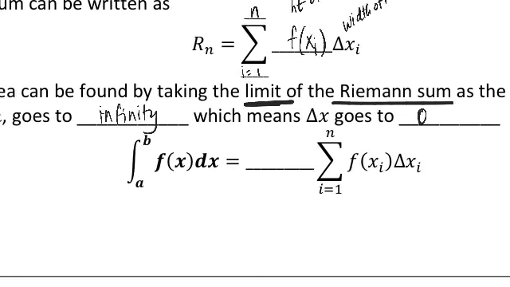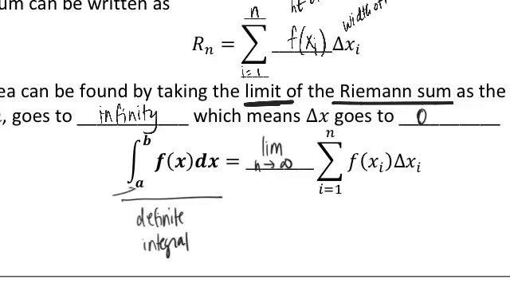So here we have the definite integral now. It's going to be the subject of our studies for a while, and this just means we've done a Riemann sum from a, start at a, end at b, and we have taken the limit of that Riemann sum by making the number of rectangles go to infinity.